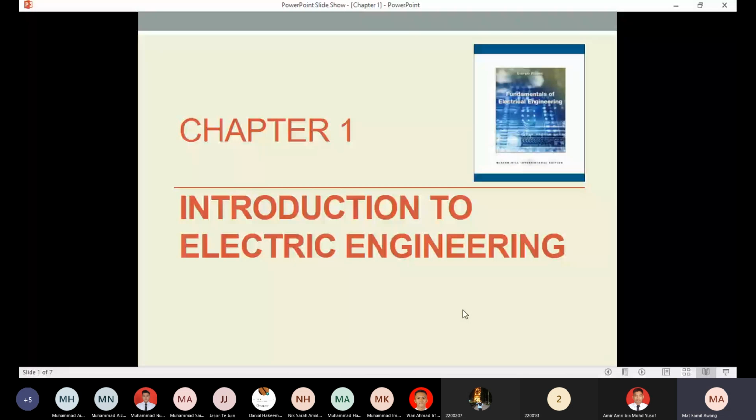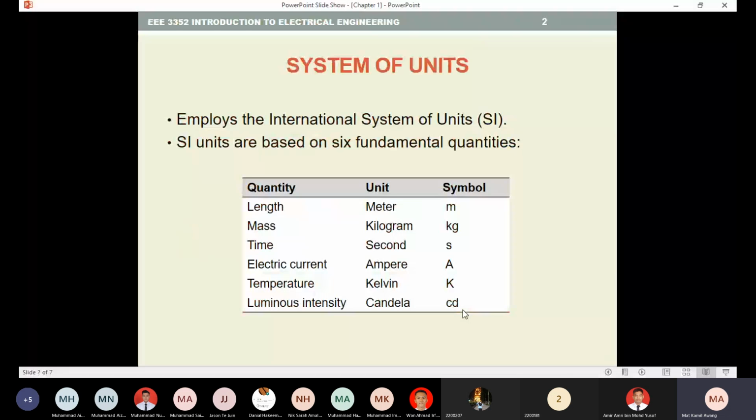The first chapter is on units and measurement, an introduction to electrical engineering. The system of units that we are going to use in this course is the International System of Units, SI, which is based on 6 fundamental quantities. So what are those quantities? They are length, mass, time, electric current, temperature, and luminous intensity.